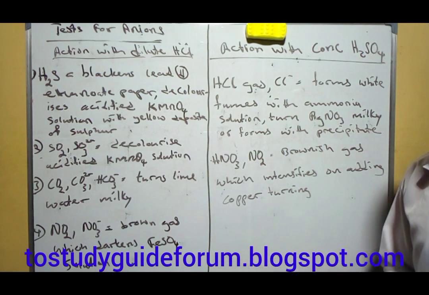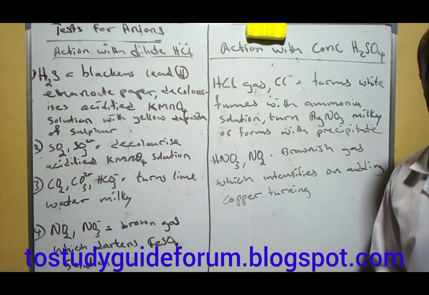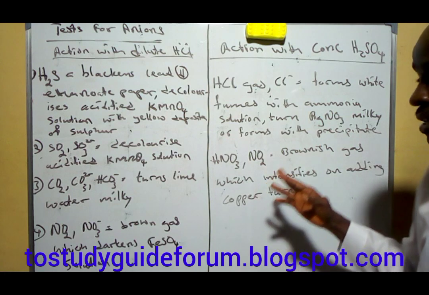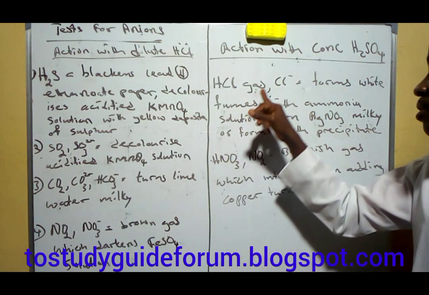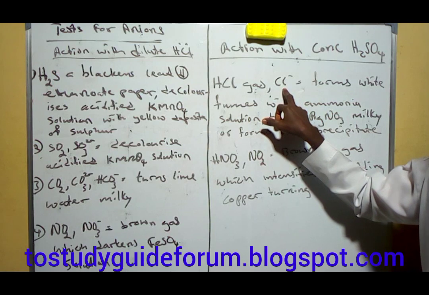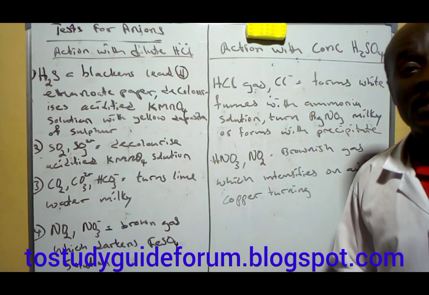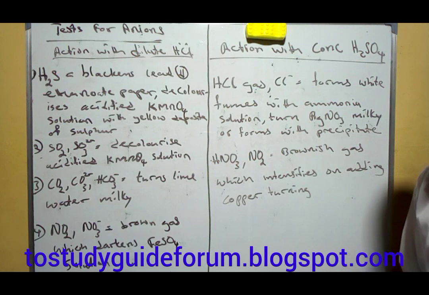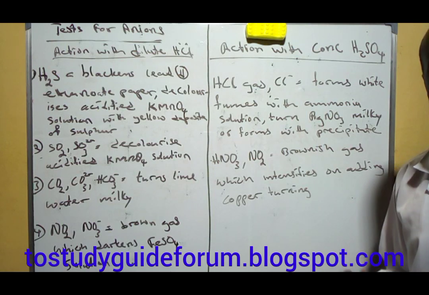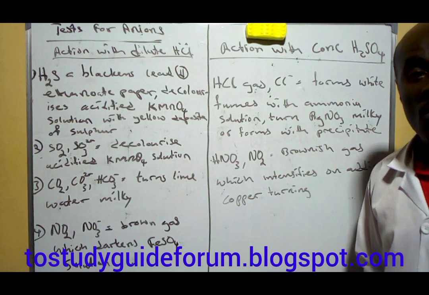That is a unique thing about chloride reaction with silver. Now, there's another thing you should also know. The white precipitate does not necessarily mean it must be chloride. It can also mean that it contains silver trioxocarbonate 4 compound.